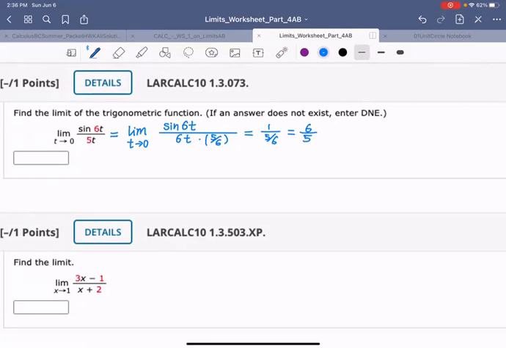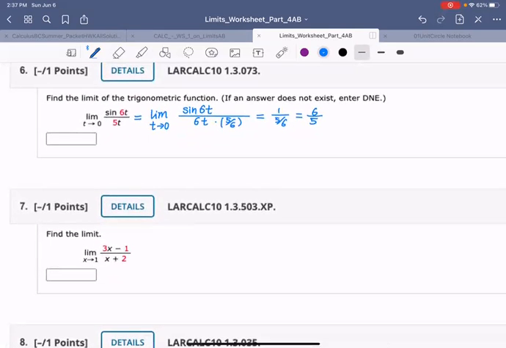Now, Lawrence, let's do number 7 together. This question, we don't need to overthink. We just plug in, okay? Because your denominator is not 0, so we don't need to do those manipulations.